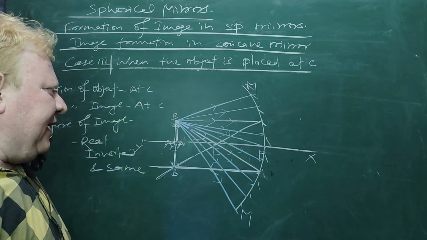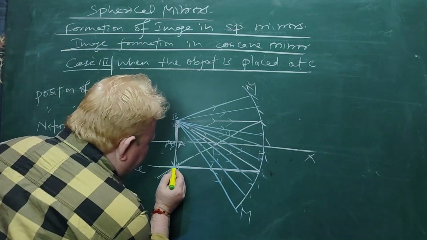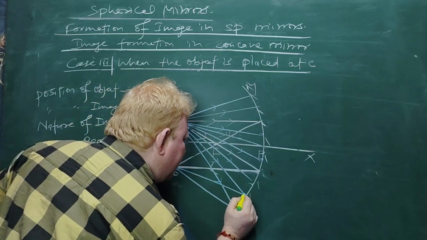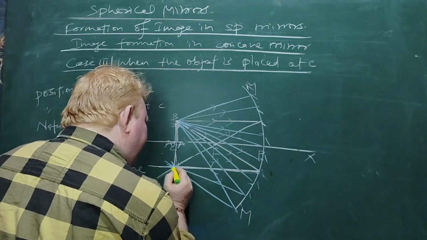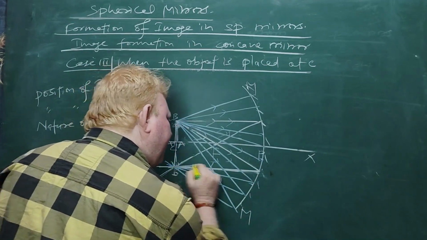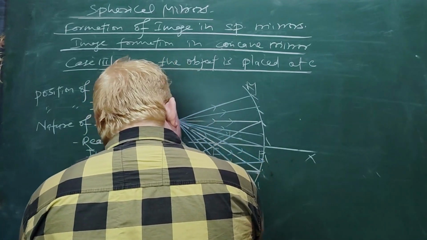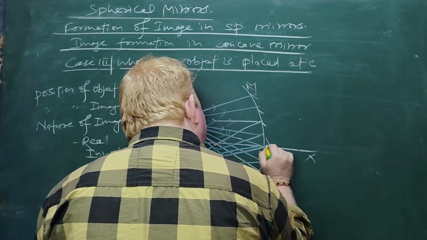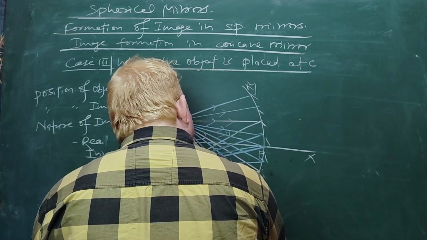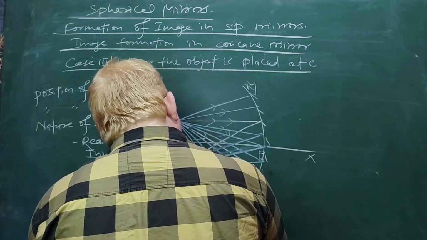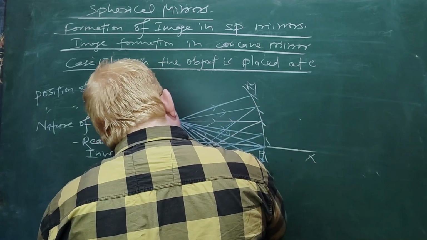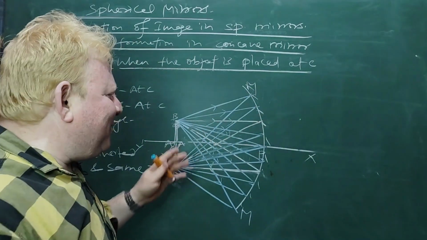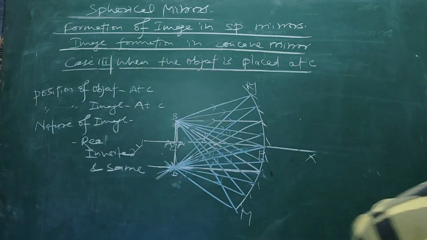So I am telling you, all the light rays after reflection will meet exactly at this point only. Don't you be surprised? You see the result. Oh my God. And satisfying.